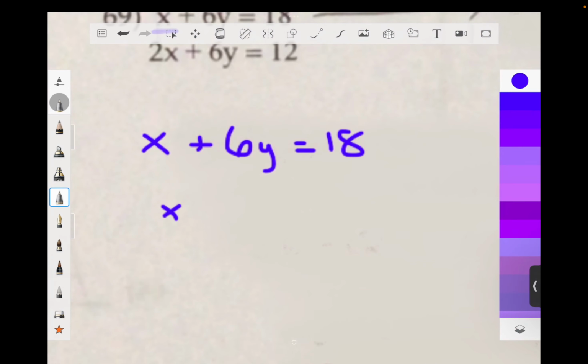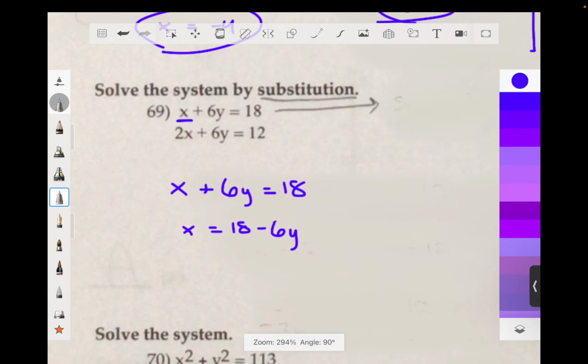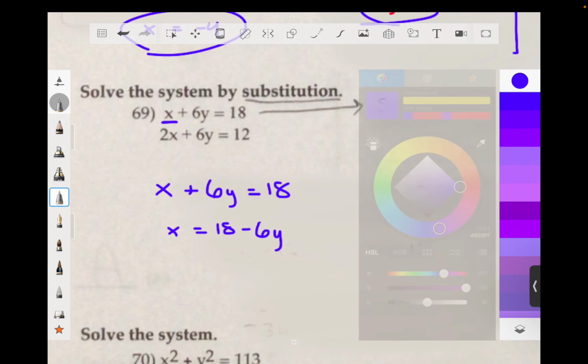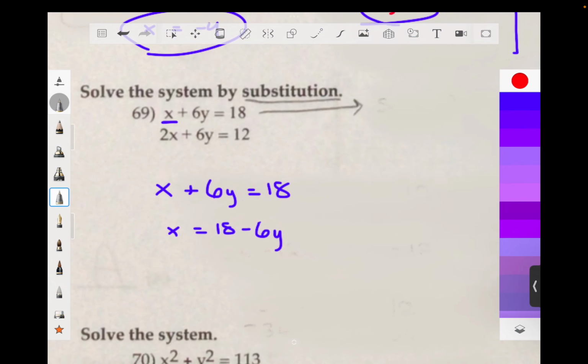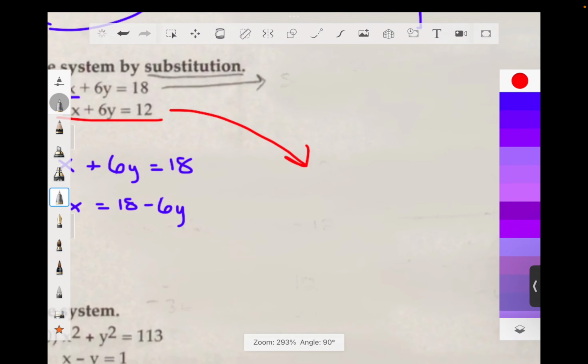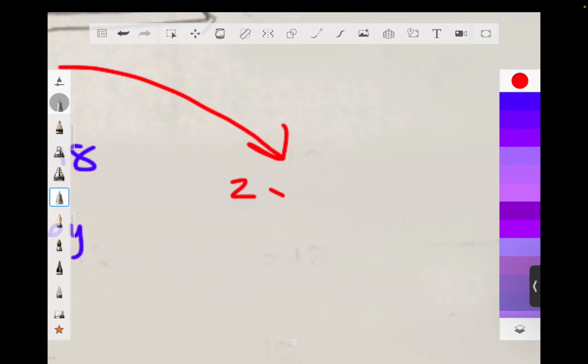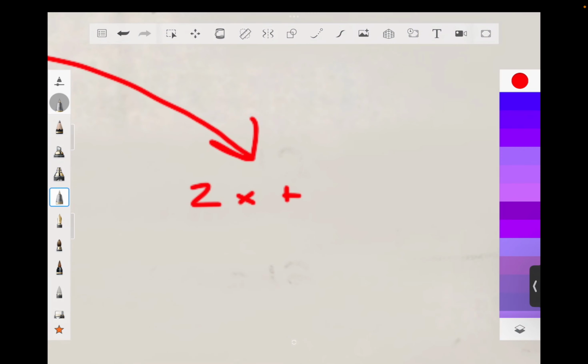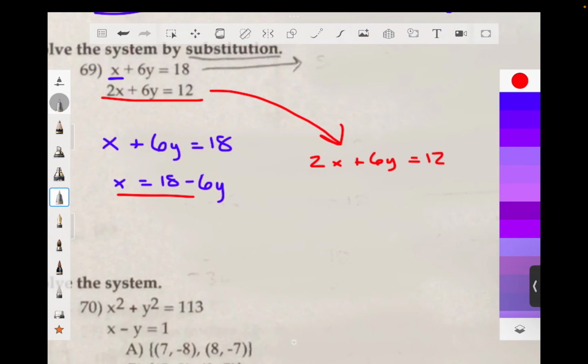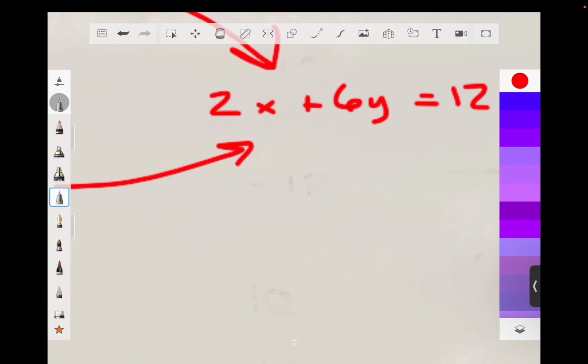Solving for x, we get x equals 18 minus 6y. All right, and then we're going to take this second equation, 2x plus 6y equals 12. And we know from here that x equals 18 minus 6y, so we could plug that into there.